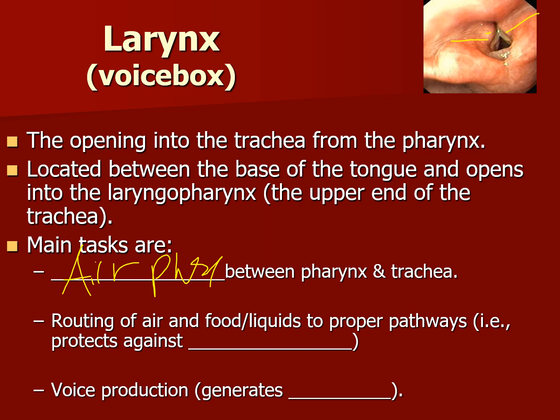So it routes air, food, and liquids to where they're supposed to go. So if you're drinking something, should it go into your lungs? No, right? It should go into your stomach. So the larynx has the discretion to put food and liquids into the stomach and air into the lungs. So it protects against what's called aspiration.